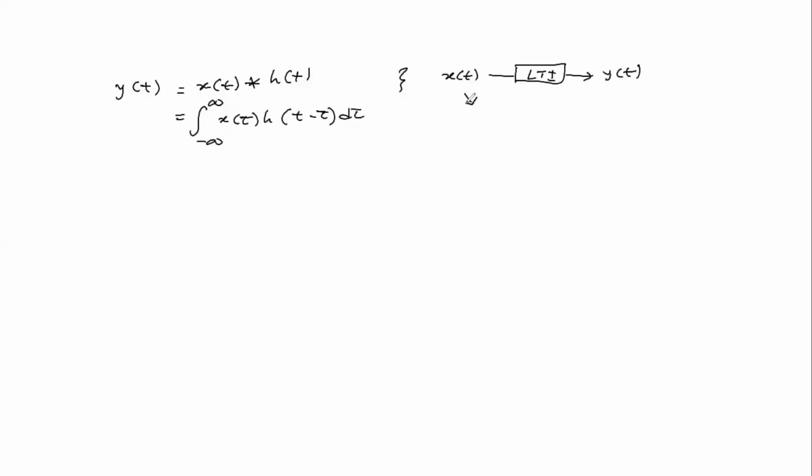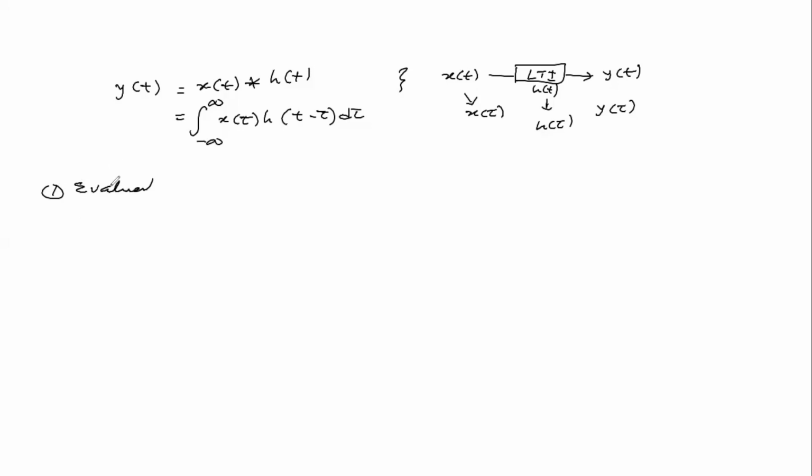So we can now say s of tau being the same as s of t, and here we have h of t, so we now say this is h of tau. So the first thing we want to do is to estimate the time reversal of the impulse response.